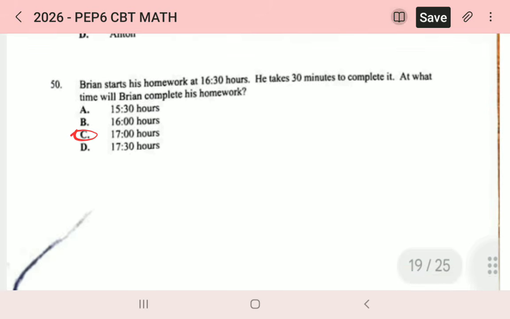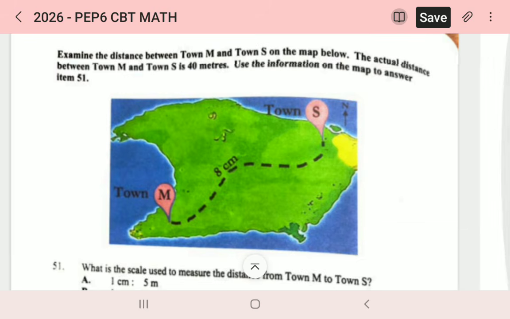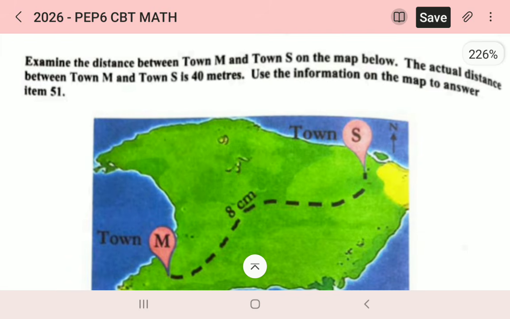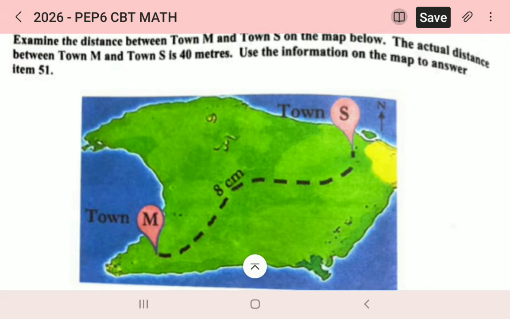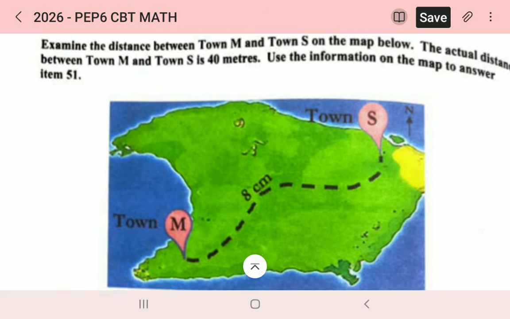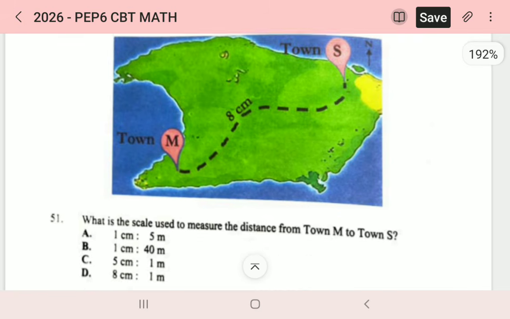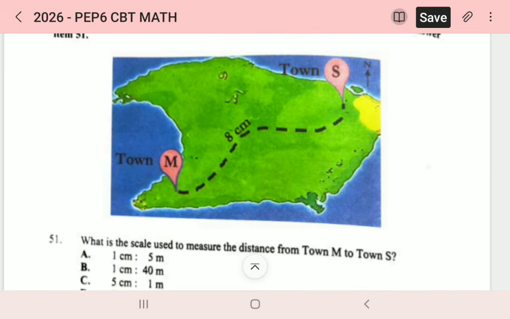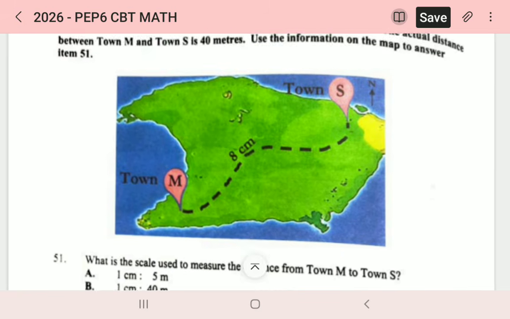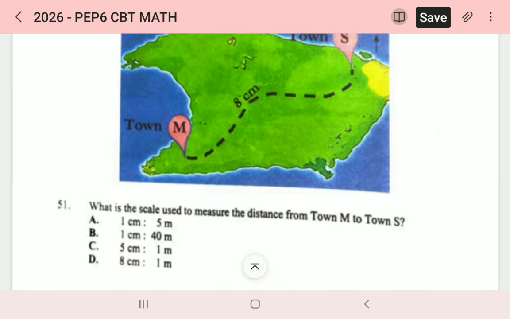All right, moving on. Examine the distance between town M and town S on the map below. The actual distance between town M and town S is 40 meters. Use the information on the map to answer 51. I've gone too far. So town M to town S, you have 8 centimeters, and it says the actual is 40 meters.